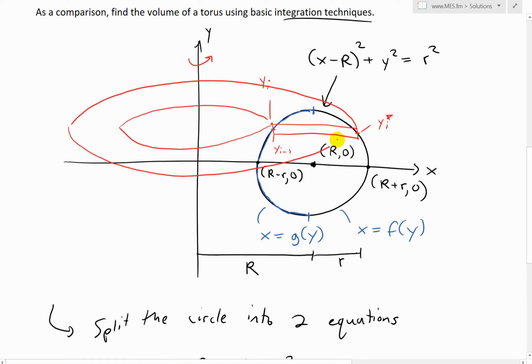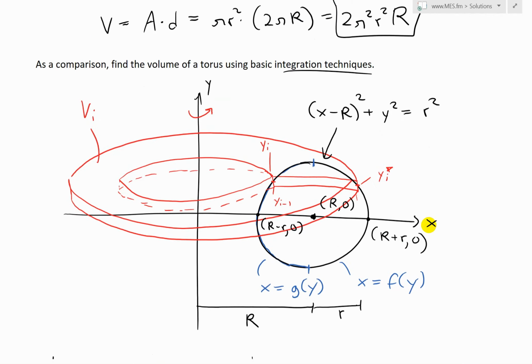It's in 3D, so it's a 3D section like that, and let's draw this in 3D all the way around. Now we have a ring like this, and we'll call this ring Vi. It has a volume Vi, and you can calculate this volume.